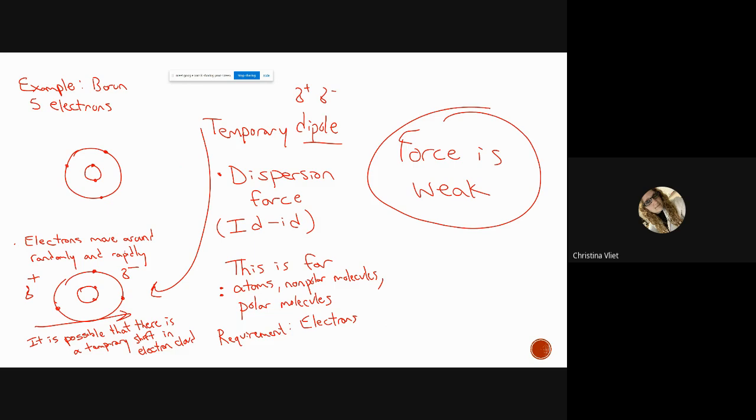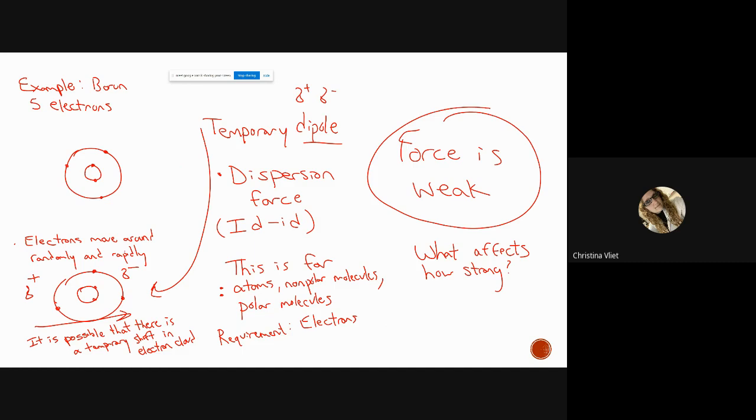What do you think would affect dispersion forces? What would give an atom or a molecule a stronger dispersion force? Amount of electrons. The more electrons that can move.